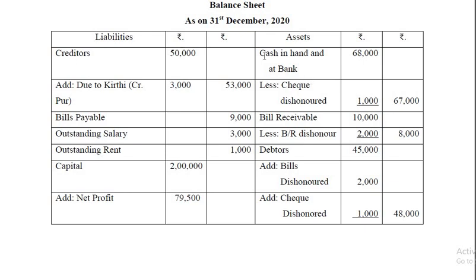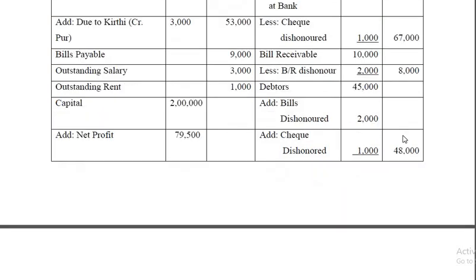So here, cash in hand and at bank 68,000 in the trial balance, but cheque is dishonored to the tune of 1,000. As a result, it is reduced by 1,000, 67,000. Bills receivable 10,000 and bills receivable dishonored here. Therefore, to that extent, bills are reduced. So 2,000. So balancing figure is 8,000. Debtors 45,000.